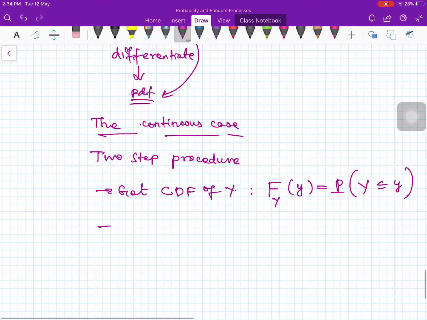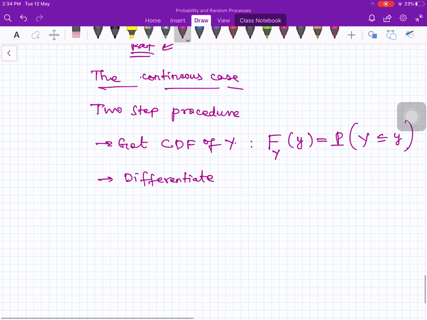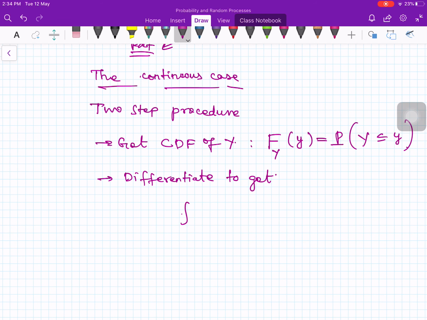Then what is the second step? Differentiate, to get the PDF from the CDF. The PDF is denoted by small f suffix capital Y of small y, which is d by dy of F_Y of small y.